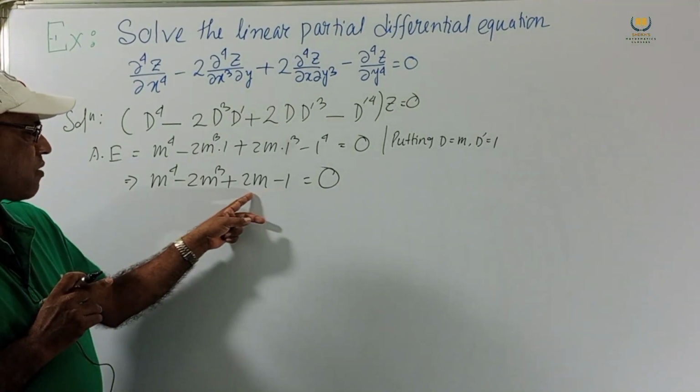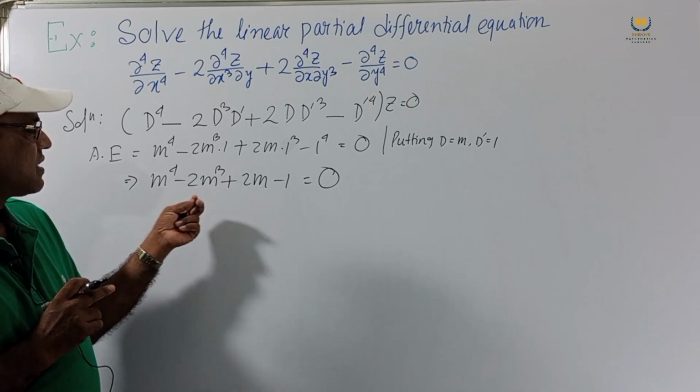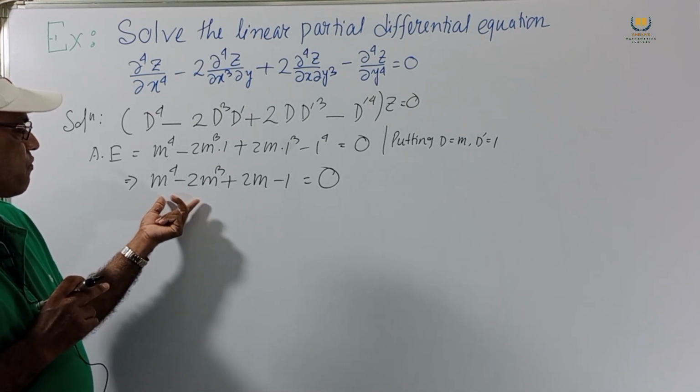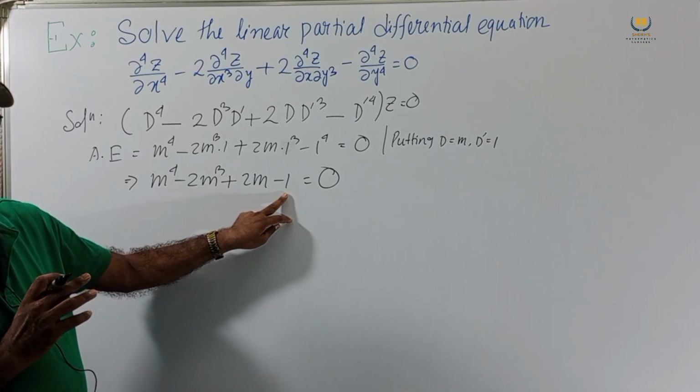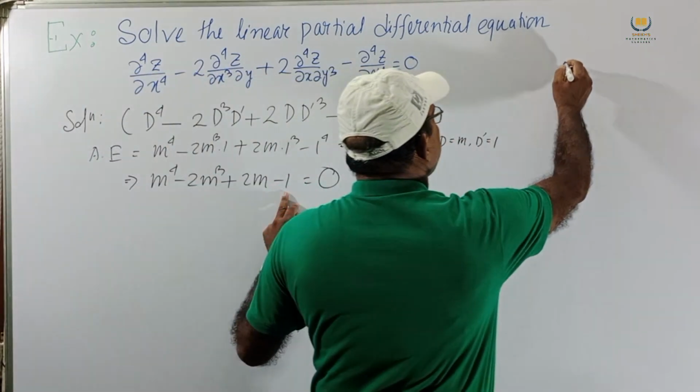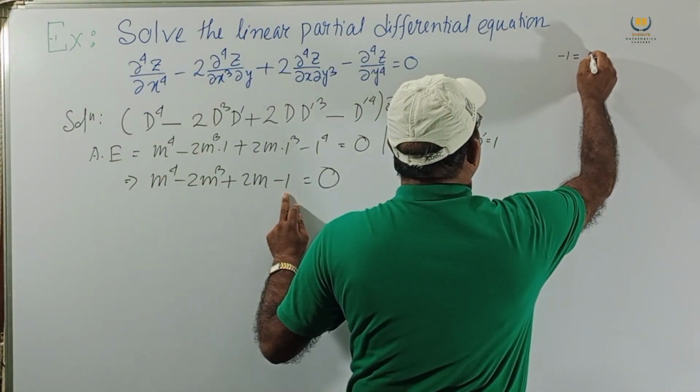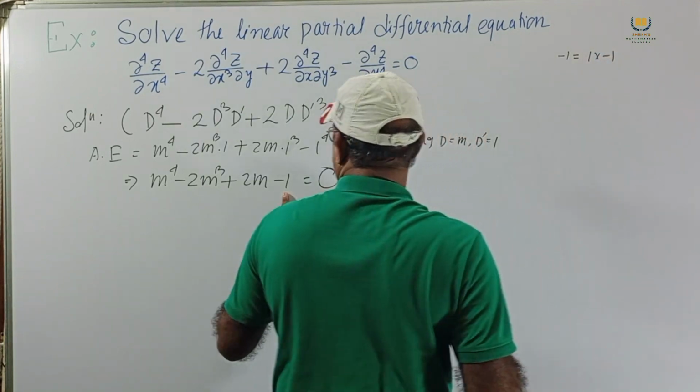This is difficult to factorize, so we use the factor theorem. The last term is minus 1, which is 1 into minus 1.